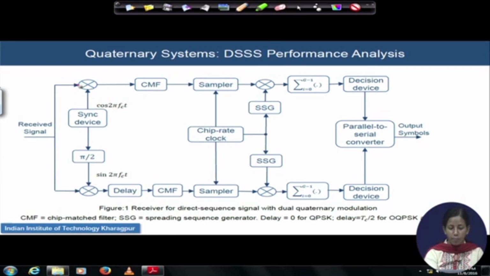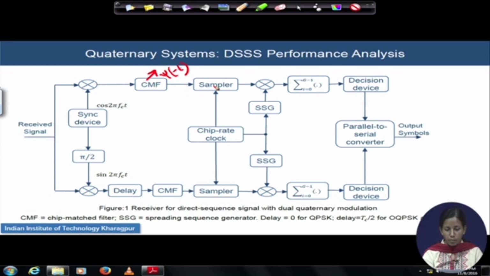Basically, this operation brings the signal from RF to baseband, so you need to synchronize it with fc. Finally, this is the chip matched filter, where the matched filter transfer function was matched to the chip waveform that you are transmitting.